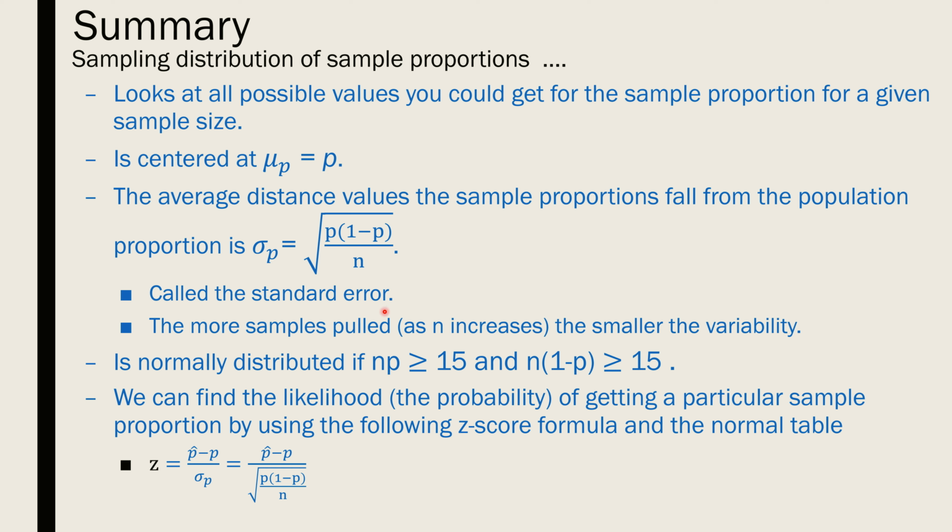It is called the standard error, and as the sample size n increases, the smaller the variability will become. The sampling distribution of sample proportion is normally distributed if np is larger than or equal to 15 and n times 1 minus p is larger than or equal to 15. Both conditions must be met at the same time. We can find the likelihood or the probability of getting a particular sample proportion by using the following z-score formula and the normal table.